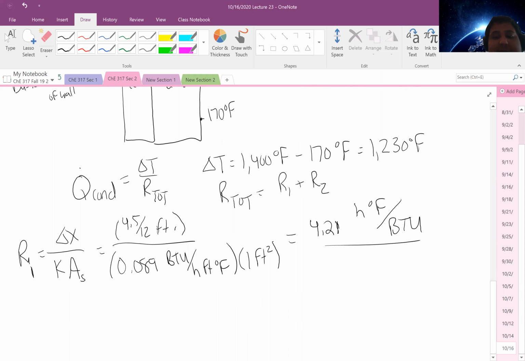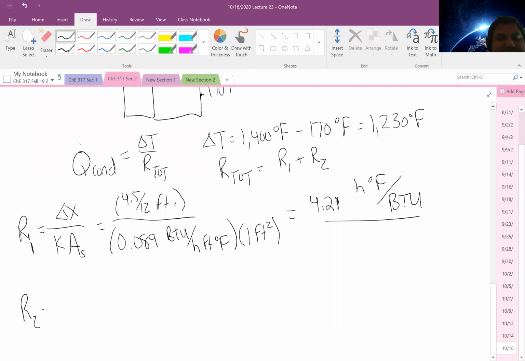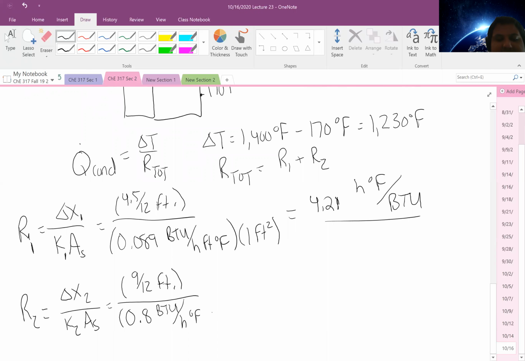For my second thermal resistance, I simply have to do the same thing for my next material, which has a thickness of 9 inches with a thermal conductivity of about 0.8 BTUs per hour foot degree Fahrenheit, with my basis area of 1 square foot.